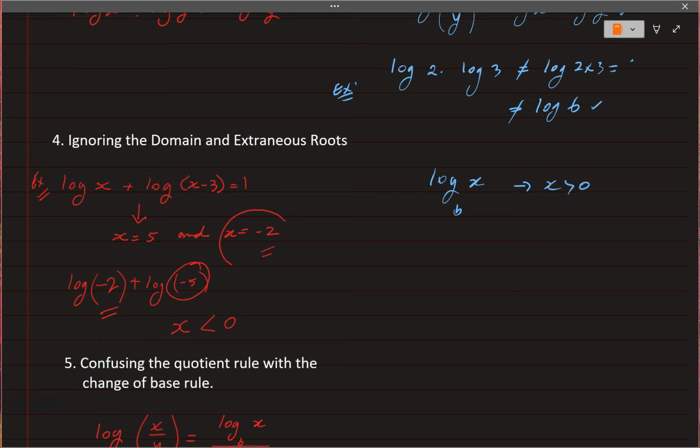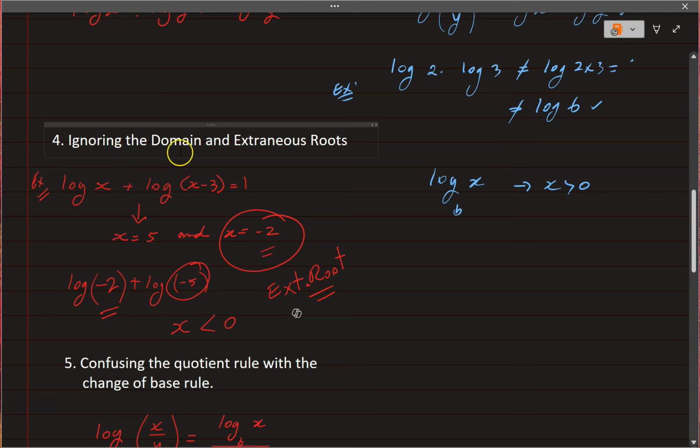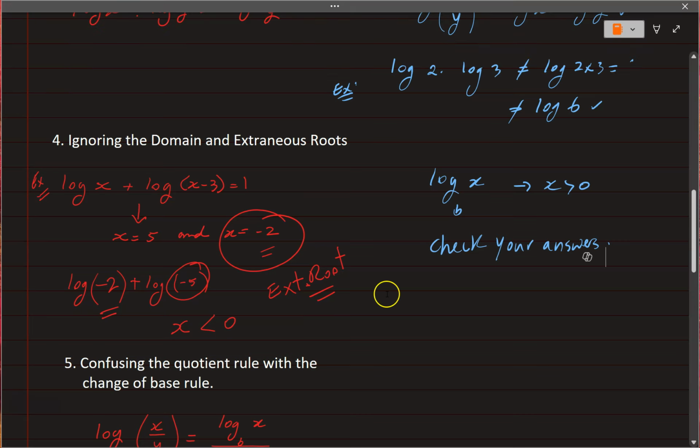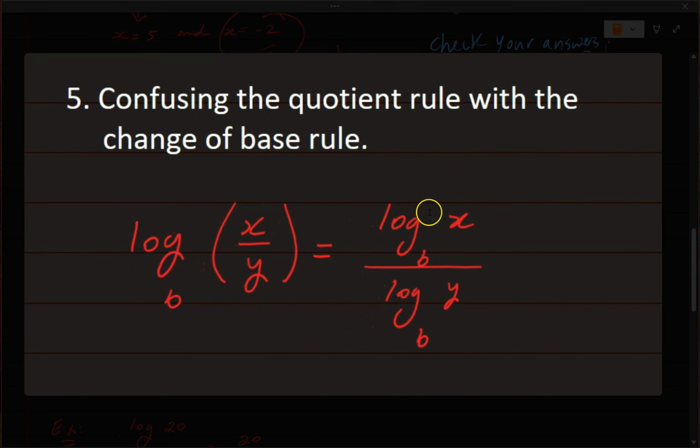So this is your extraneous root. If you don't check that and ignore the domain, the answer is not correct for this equation. So make sure you always look at the domain and find all the extraneous roots by checking your answers. You must check all your answers. Very good. Move on to number 5: confusing the quotient rule with the change of base rule.